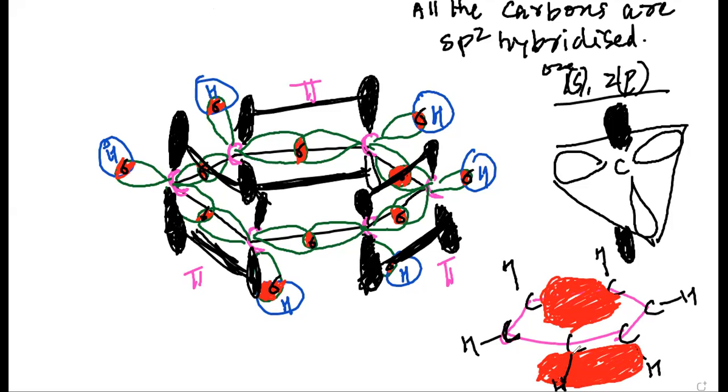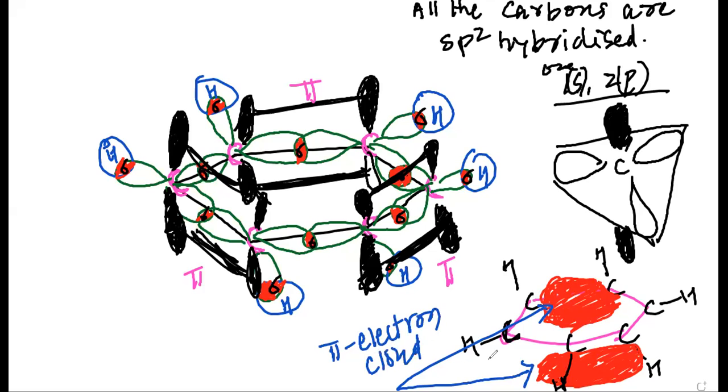Here we have the carbon hydrogen bond. This is what represents the pi electron cloud, above and under these planes. But you can see that all the carbon and hydrogen are in the same plane.